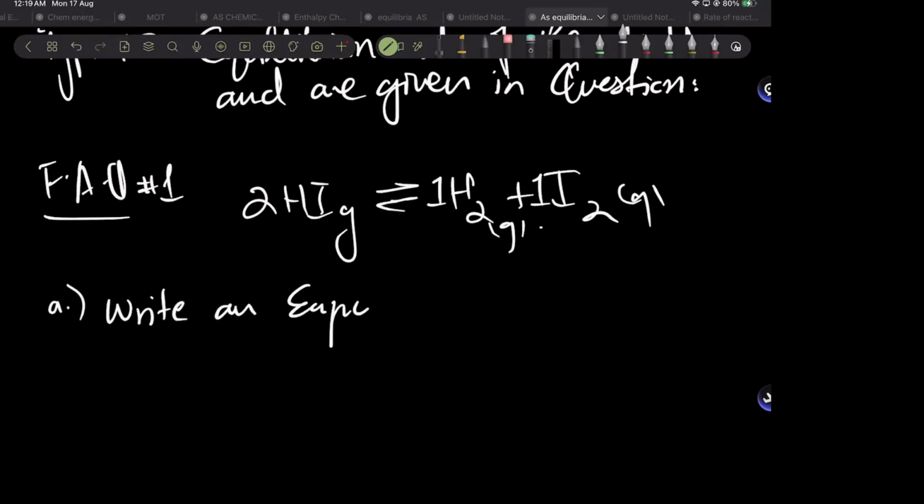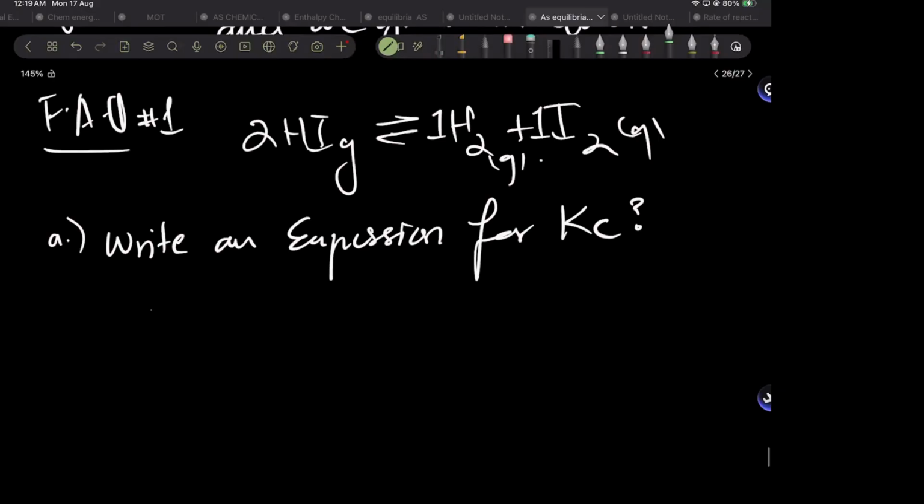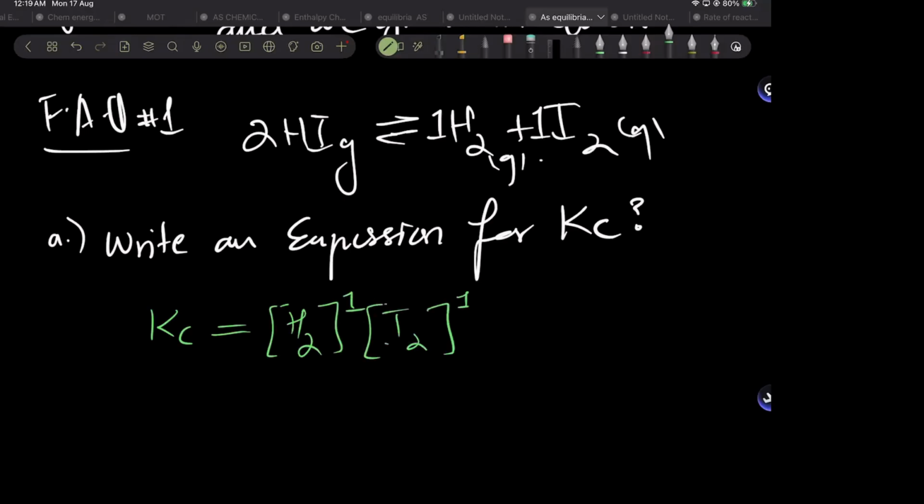Write an expression for Kc. So can I write the expression for Kc? What would that be? Right hand side, which is H2 in this case to the power 1 and I2 to the power 1 again. Right? And on the left hand side, I have HI. So I'll write HI to the power 2. Right? This is the expression.